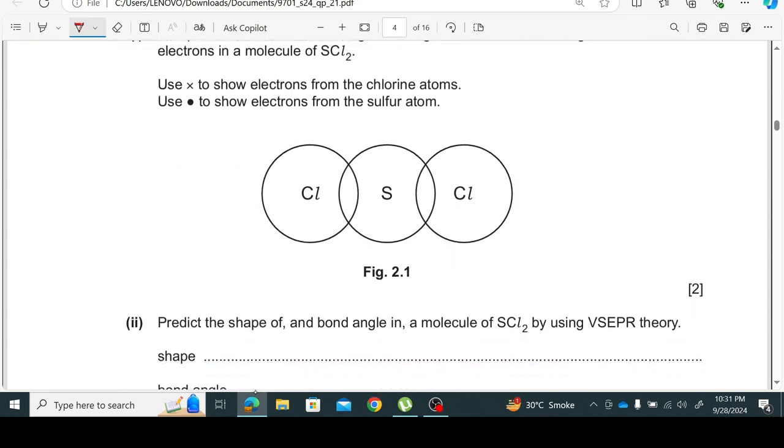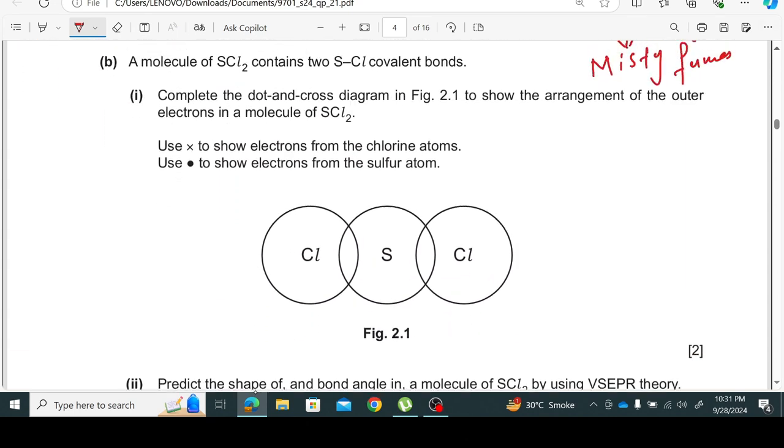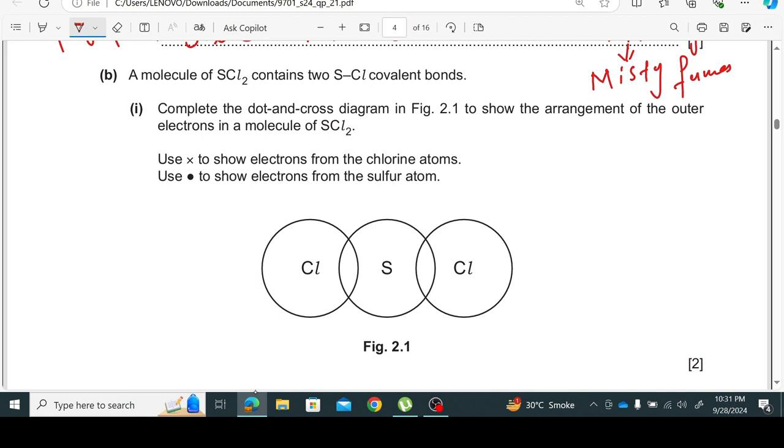Complete the dot and cross structure. You have to use crosses to show electrons for chlorine atoms. You know chlorine is a member of group 7, like bromine. Each member has 7 electrons in the valence shell, and they can make only one bond.